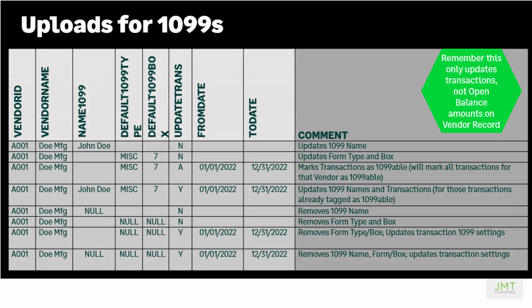And a question was, which column in the template ties to the vendor master additional information type ID? The only one is the vendor update template, not the transaction template. The vendor update template, or the vendor template, has a type ID column in it.